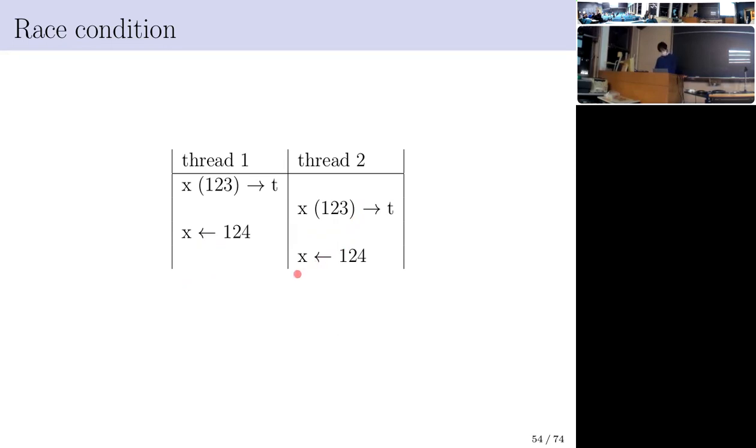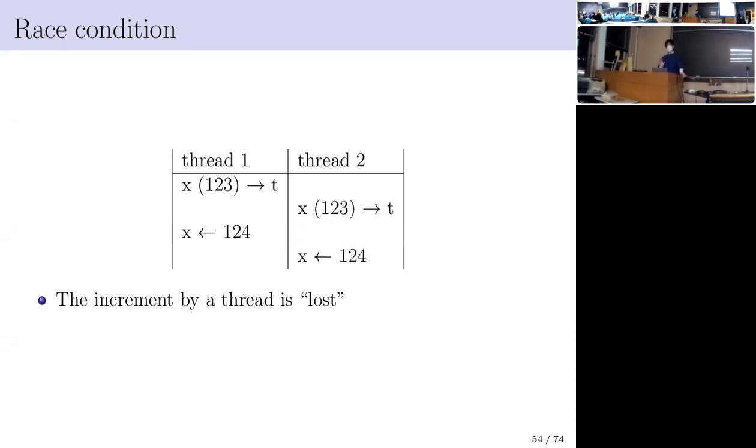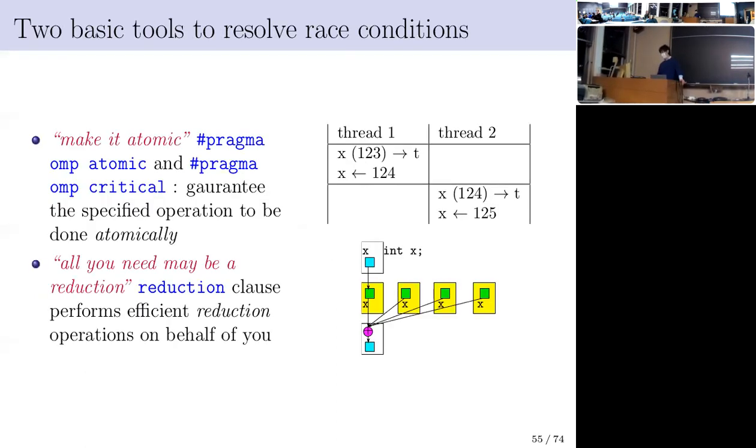So essentially, one of these updates, one increment, is lost by this sequence. This is just one example explaining why this condition is bad, something you need to work on.